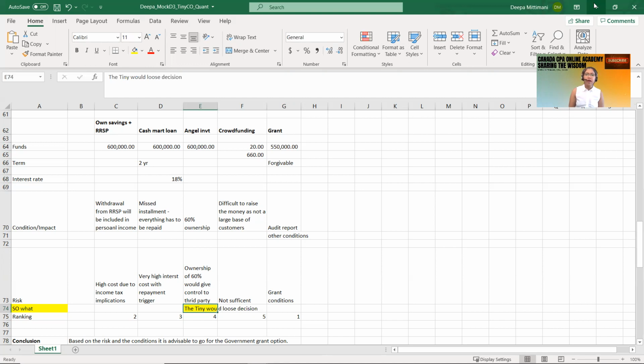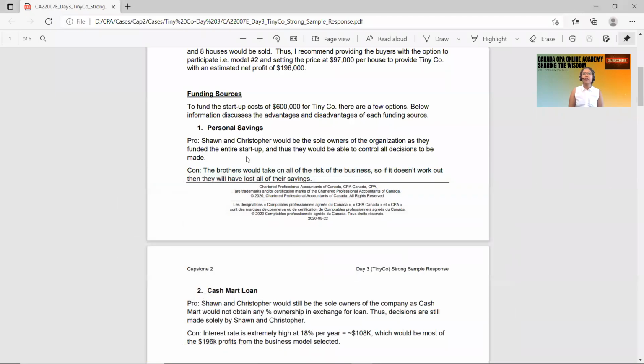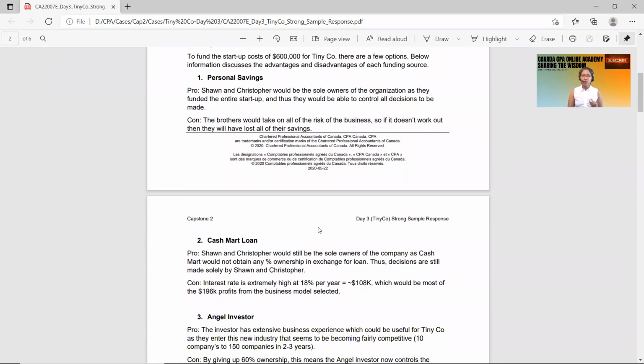So what I'm referring to here is the samples, strong sample solution. So this person scored C on this AO. So I'm just checking what was missing in my answer and what was required to score C.